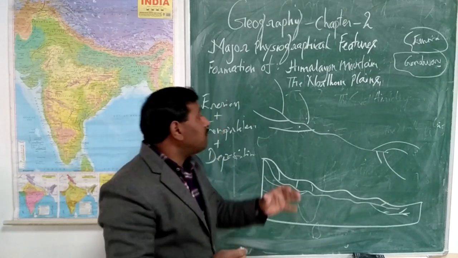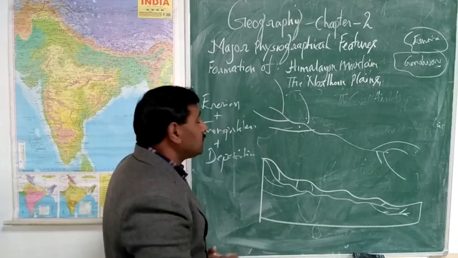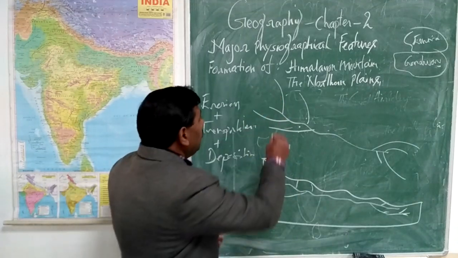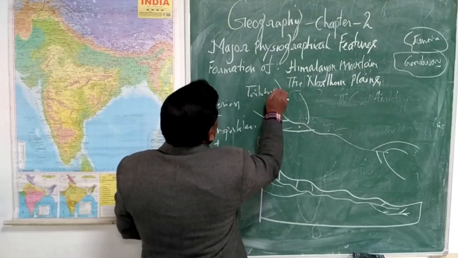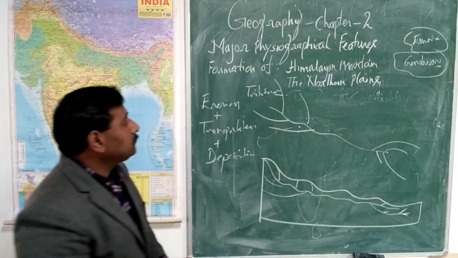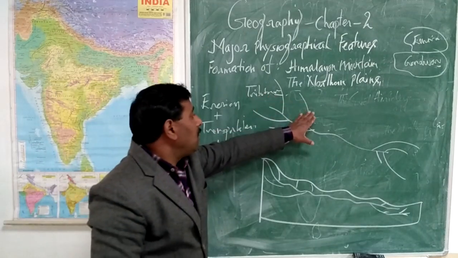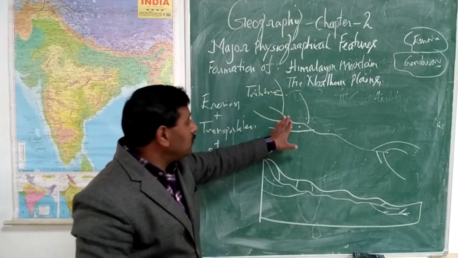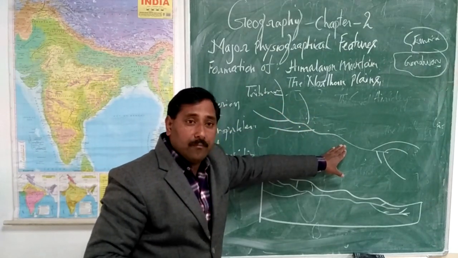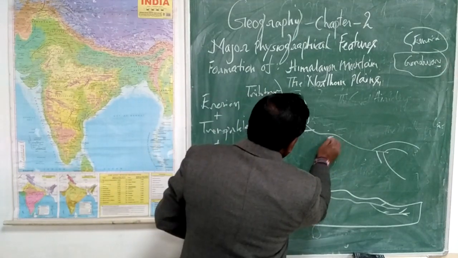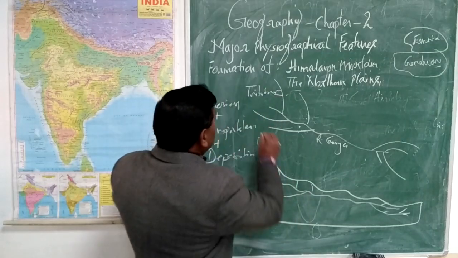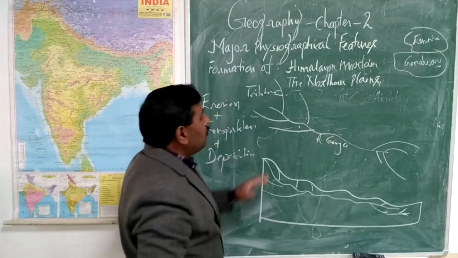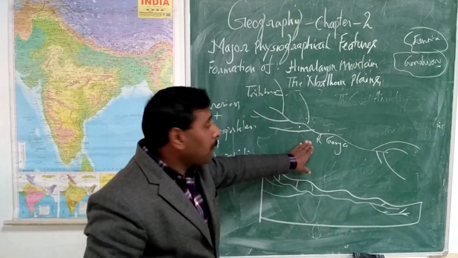The contribution of several streams or tributaries is important. So it is joined by various tributaries, these small streams which provide water to this single river system. For example, let's say it is River Ganga, and it provides water to this main stream.